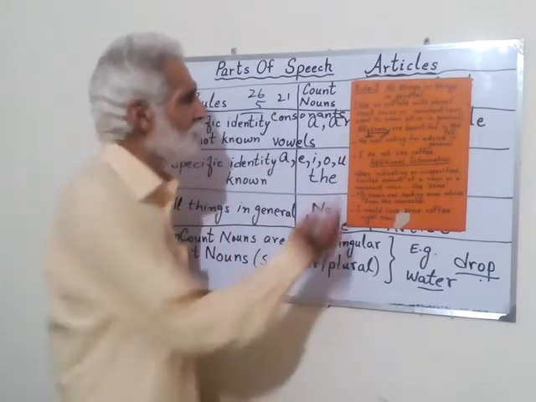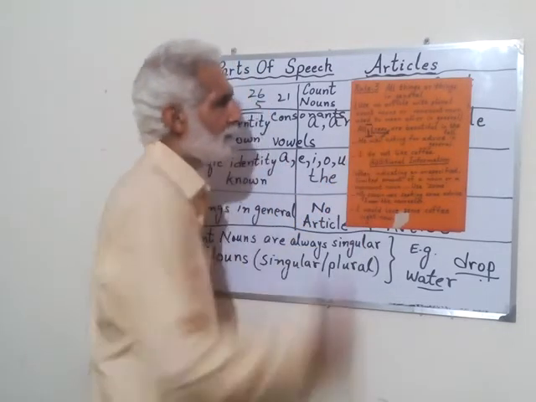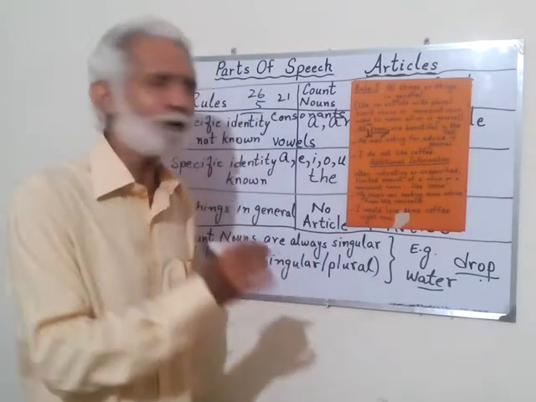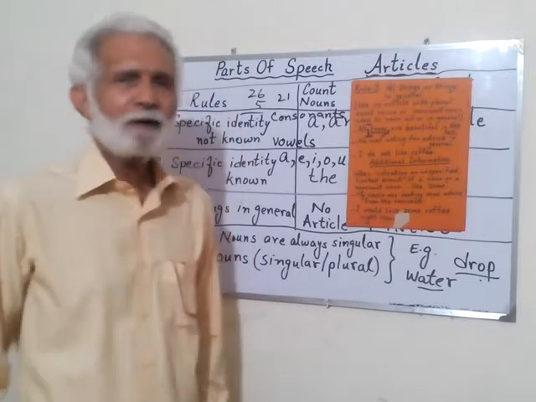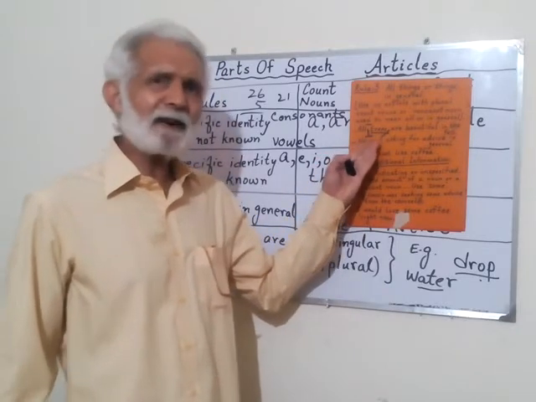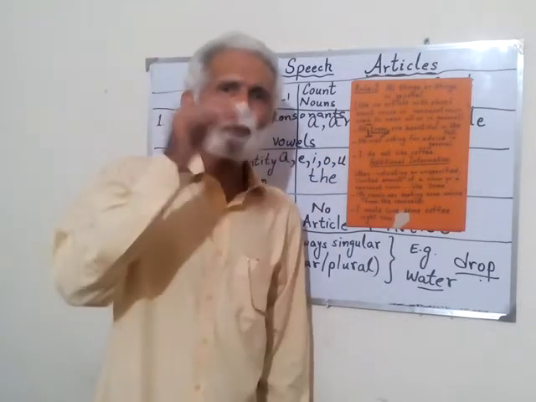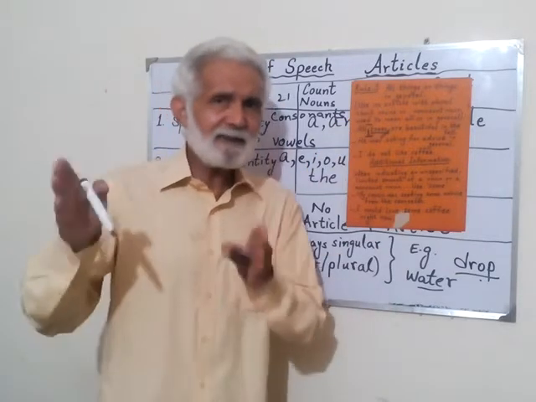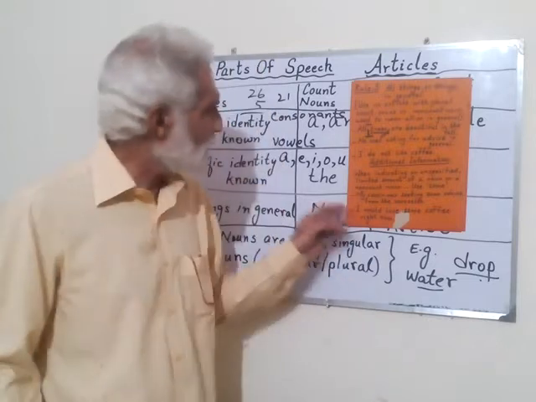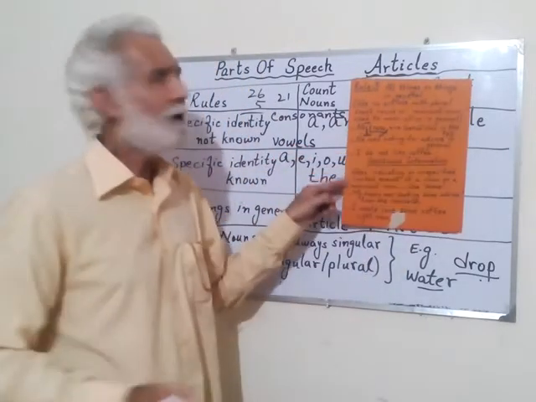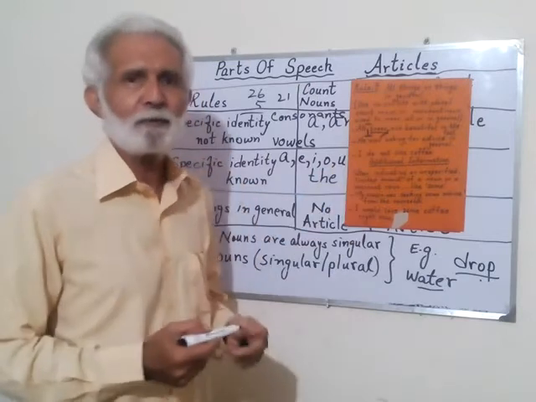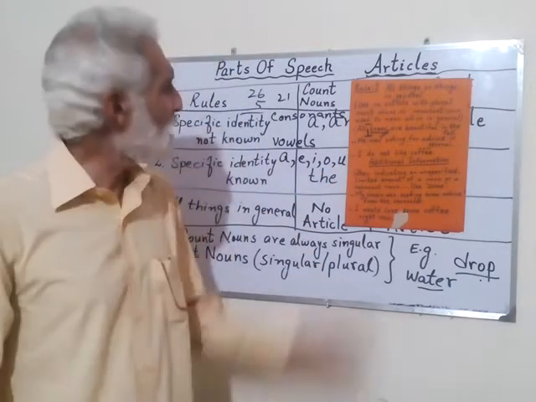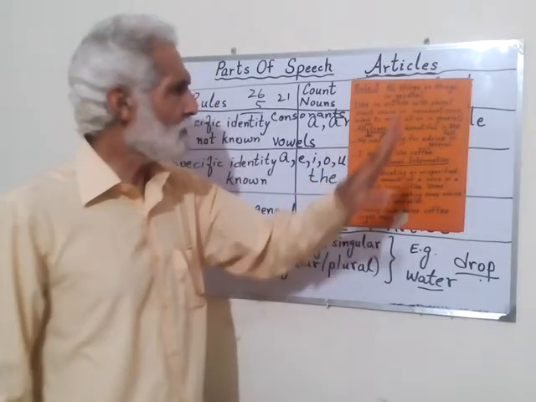Sometimes you get a paragraph and the teacher will give a blank between "all" and "trees," and sometimes students put "a" over there, thinking, "Sir Javed told us to put 'a' before a consonant." But rule number 3 says that for things in general we use no article, either countable or uncountable. We are talking about all trees, but it is in general, so therefore no article.